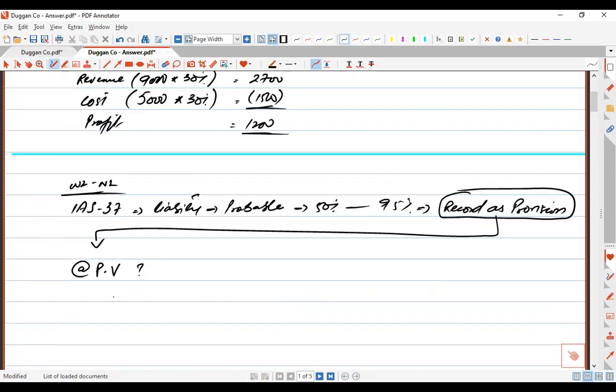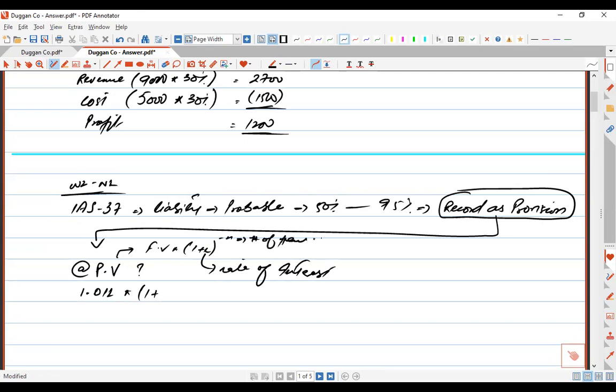At present value, we are required to record this amount. So by the way, present value is calculated as future value multiplied by (1 plus R) to the power minus N, where R is the rate of interest and N is the number of years, that is, after how many years the payment is due.